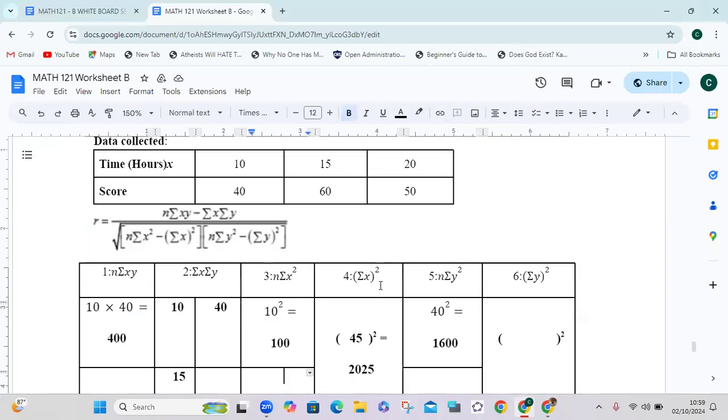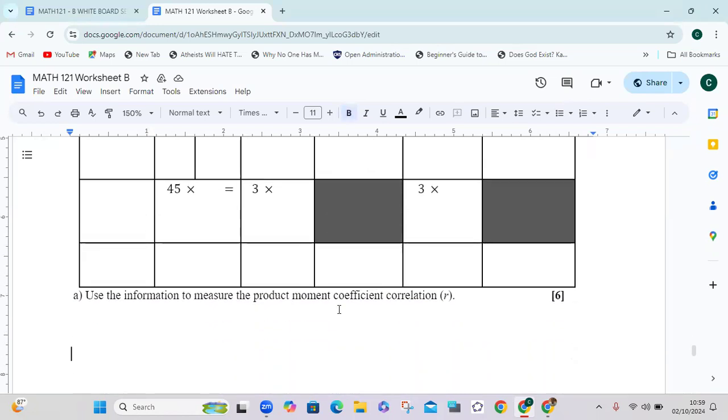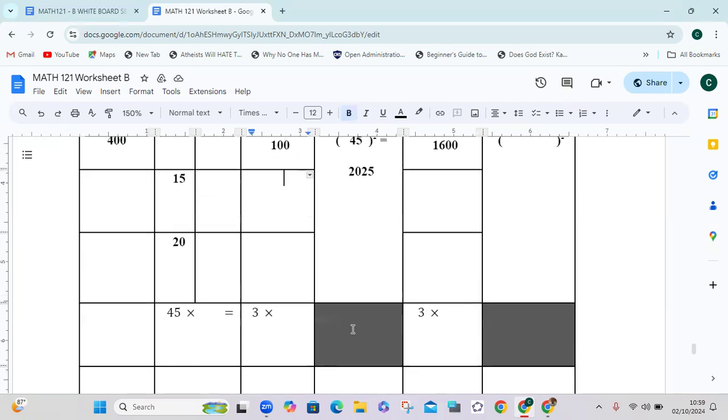In part A, it says use the information to measure the product moment coefficient correlation. There are two approaches to measure correlation in this course. You have Spearman's and product moment. This question is concerned about product moment.